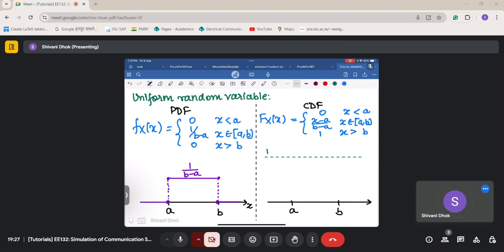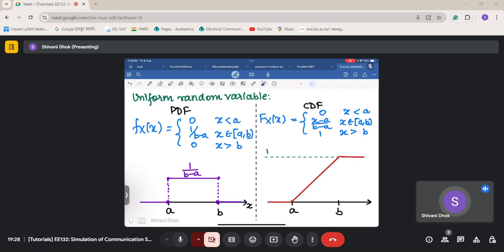So for x less than a it is 0, for x greater than b it is 1, and if you observe carefully, from a to b it linearly increases from 0 to 1. If you substitute x equal to a here, it will give 0. So at a it will be 0, and if I substitute x equal to b, it will be 1. So in this range it linearly increases.